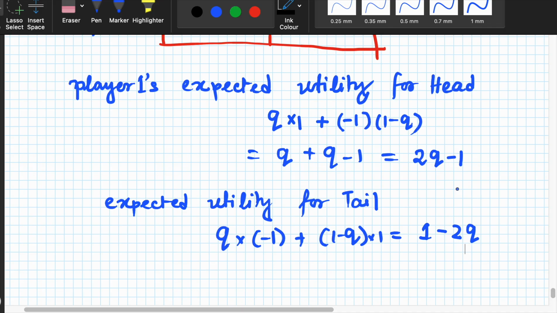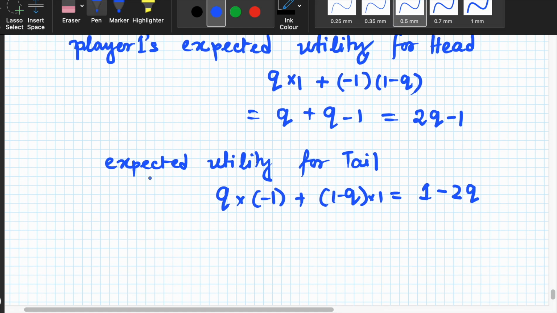Now we can calculate the best response. The best response function of player 1 against the strategy q will be 0, as we have seen in the previous example also, when q is less than half.